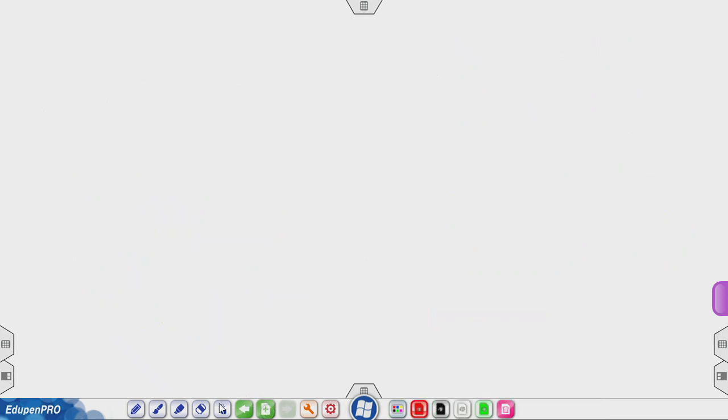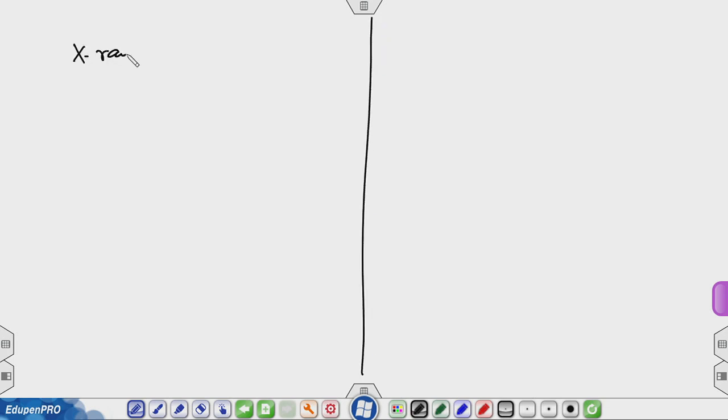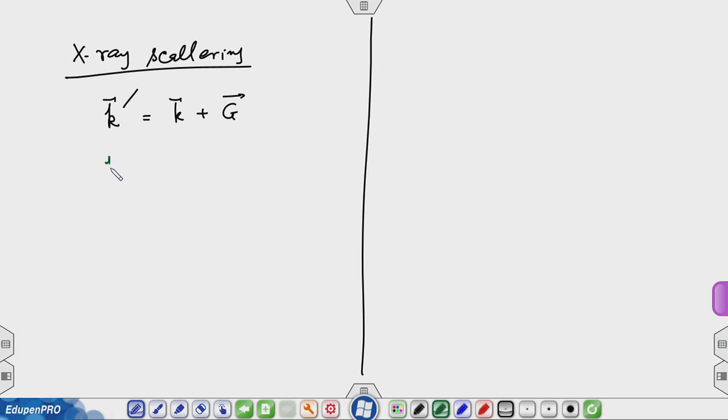So, let me now go to X-ray scattering with all this background. We have k prime, which is the outgoing wave, equal to k incoming plus g, from which for elastic scattering we got k dot g is equal to g square over 2.